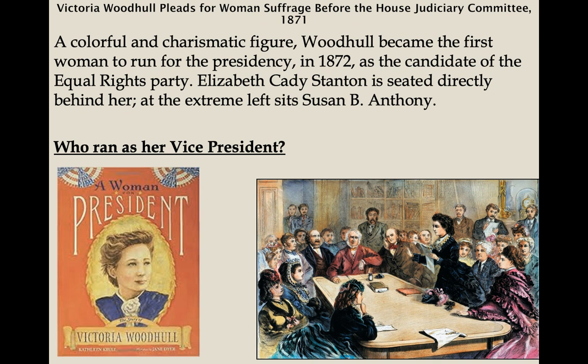Okay, so her running for president, yeah, women could vote, probably not going to have a great chance of success. But you certainly are looking at some very influential women. Elizabeth Cady Stanton, who we will talk about not next chapter, the chapter afterwards, and Susan B. Anthony, all of which were champions for women's right to vote.